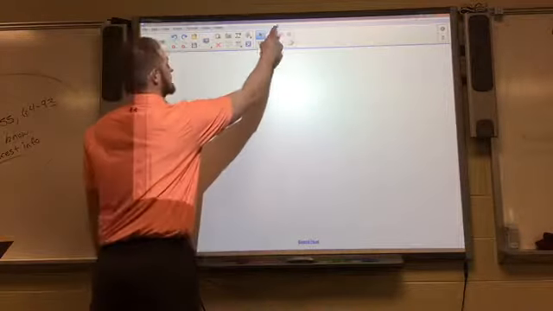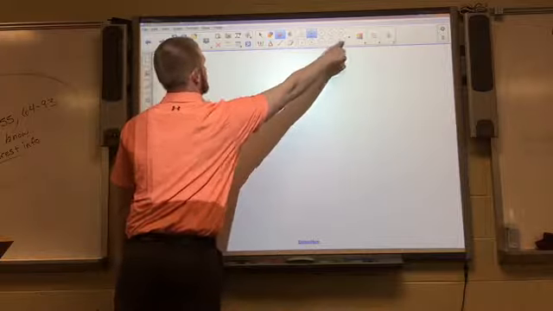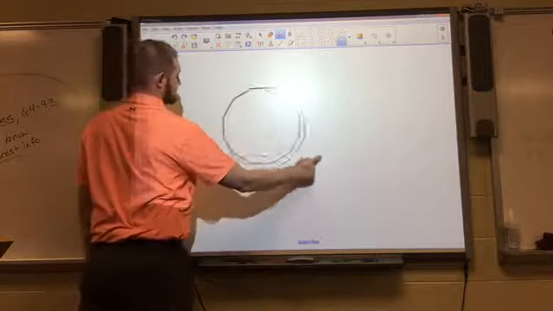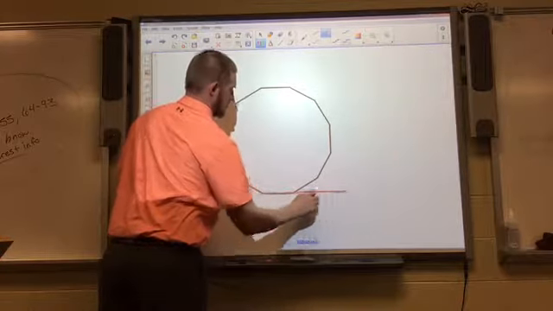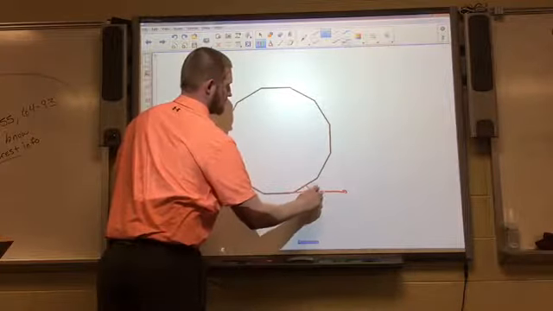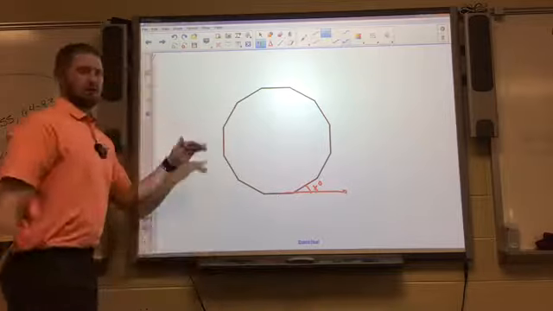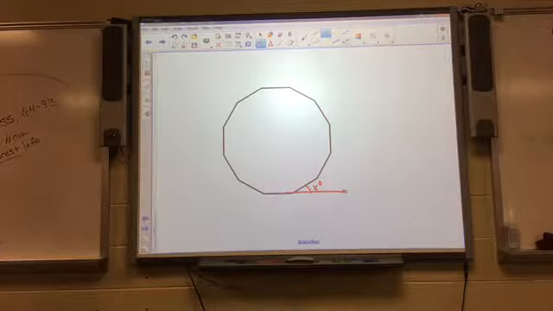Real quick, last example. Notice the one I selected has 12 sides. Usually they will tell you or give you markings that it's regular. Hey, I'm just going to verbally tell you that this is a regular shape. Seth, how do I figure out what that exterior angle equals?